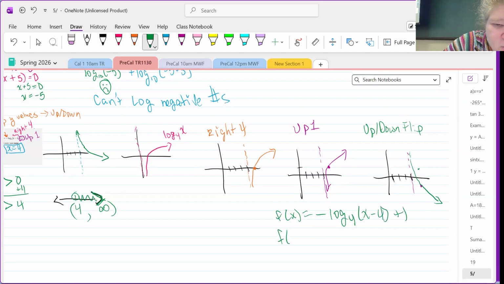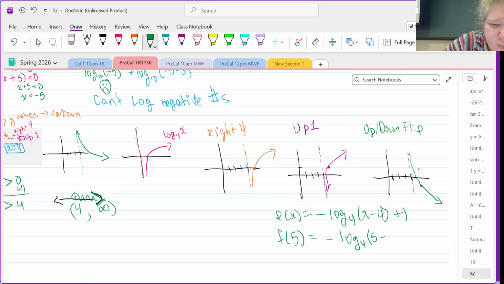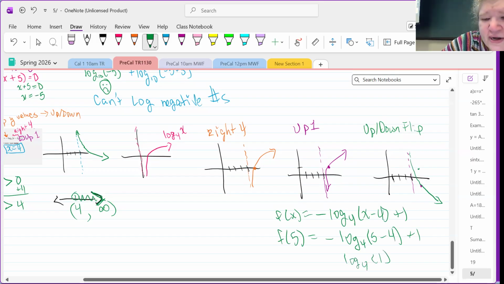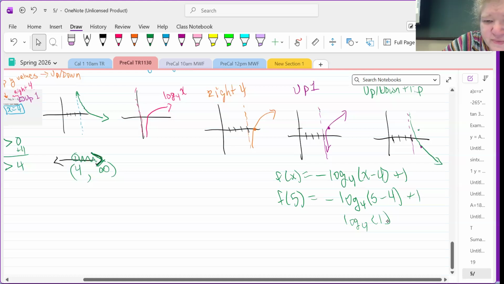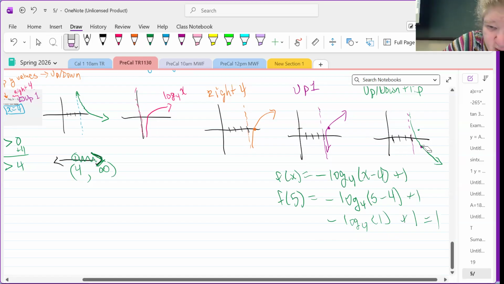So I'm going to figure out what f of 5 is. Negative log base 4 of 5 minus 4, plus 1. So 5 minus 4 is 1. Log base 4 of 1 is 0. So negative of 0 is still 0. So this ends up being 1. So I was actually wrong. This graph is not there. It would be up here.